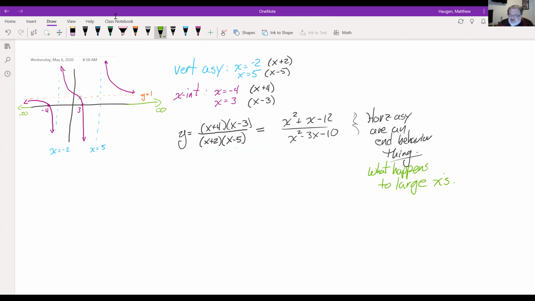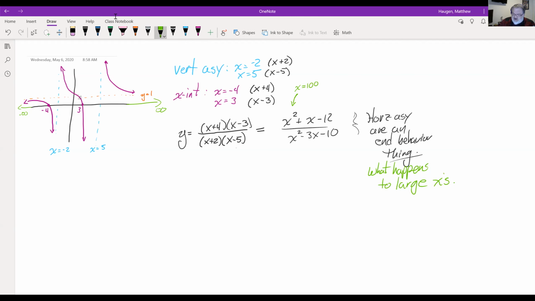So we talked about this a little bit yesterday, imagining putting in values here. If we put in a value, it doesn't even have to be all that large. If we put in a nice value of x equals 100, I'm only picking 100 because it's easy to square and cube. 100 squared is 10,000.